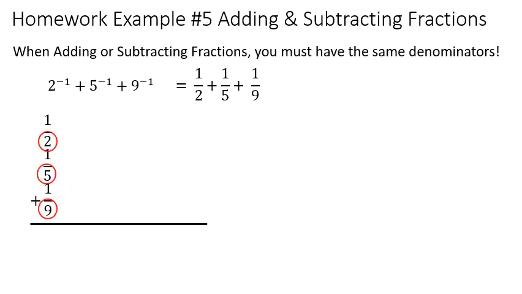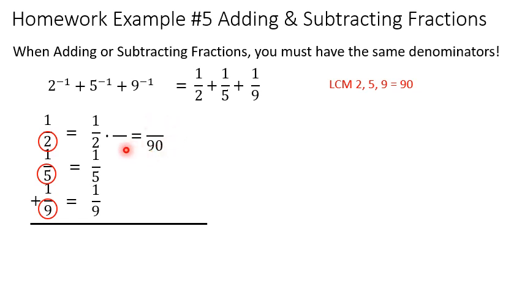And so I'm going to look at those denominators. The least common multiple is actually multiplying all 3 of those numbers together. So I get 2, 5, and 9. I multiplied them all together, and I got 90. Now, what happens is that I have got to change this 1/2 into the equivalent form of some numerator over 90.